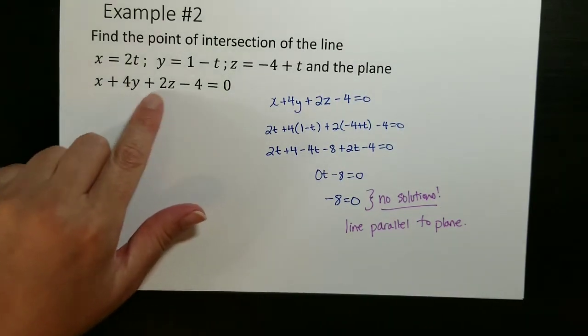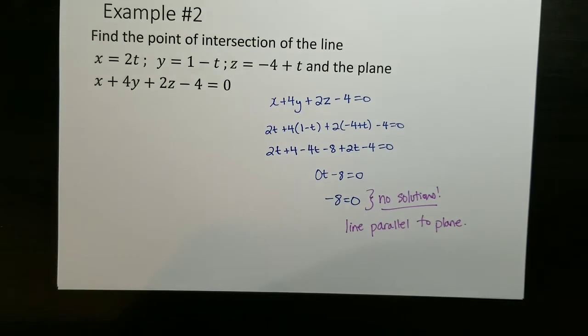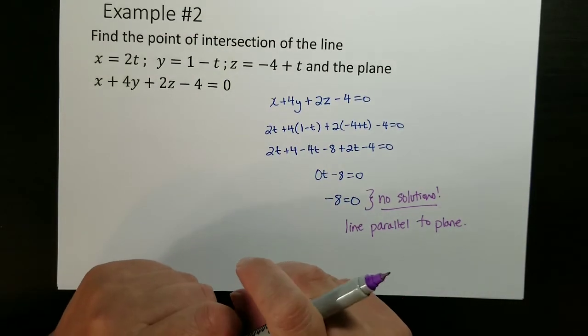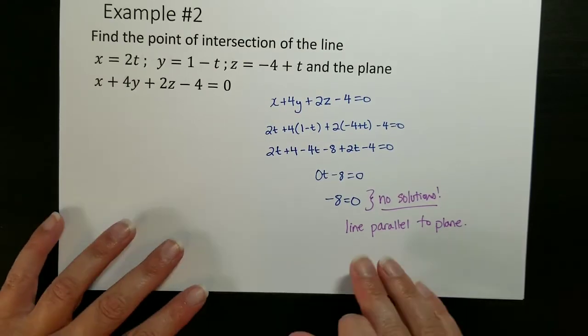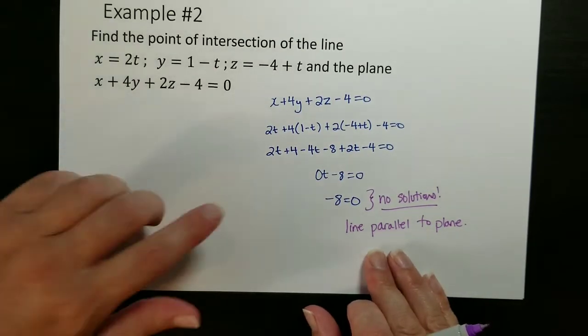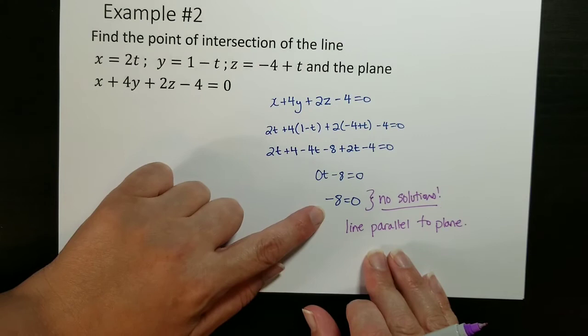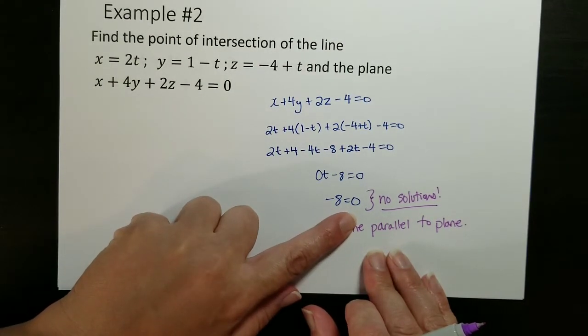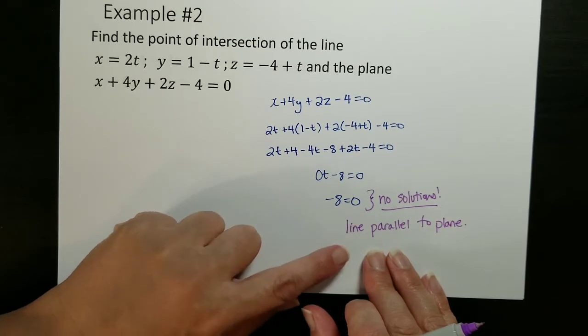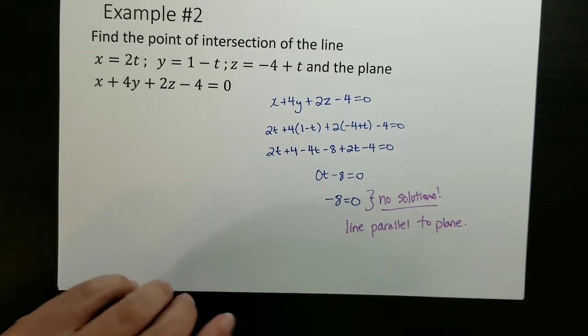If the normal vector of the plane was perpendicular to the direction vector of the line, then that would say that the line is parallel to the plane. But we don't necessarily have to do that because we can follow this same process. And if we get something that's just nonsense, like negative 8 equals 0, you know that that never happens. So that's the no solutions case.